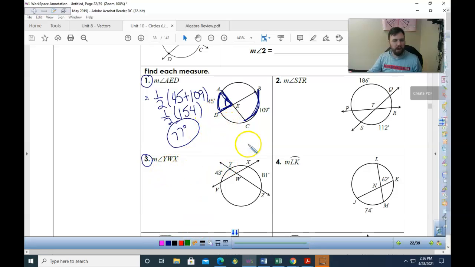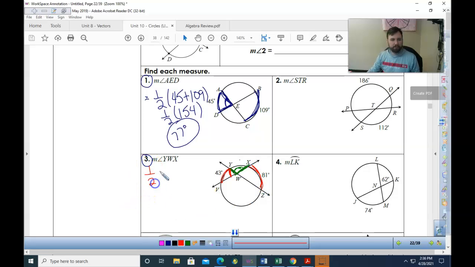All right, let's try this one. Let's find YWX. Oh no, mamma mia. Now YWX is on this side. I don't know either of these arcs. What do we do? Quit? No, we don't quit. Remember, if we find an angle next to it, we can subtract that from 180 to find our missing angle. So let's find this red angle, YWV, first. To find that, I add up my intercepted arcs and divide by 2.